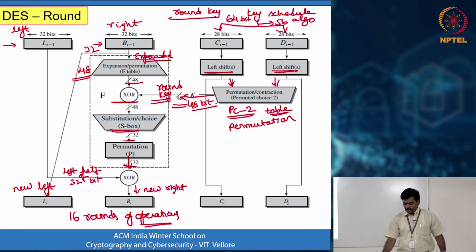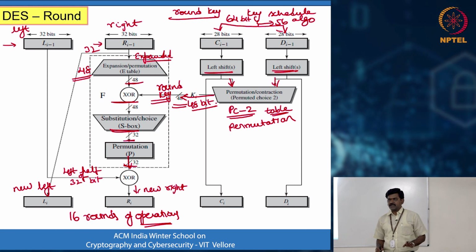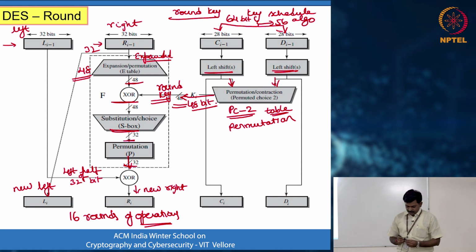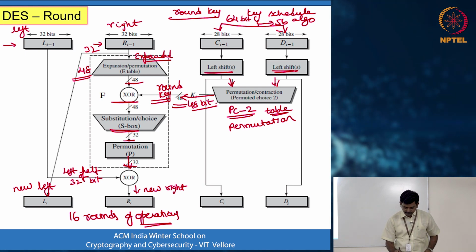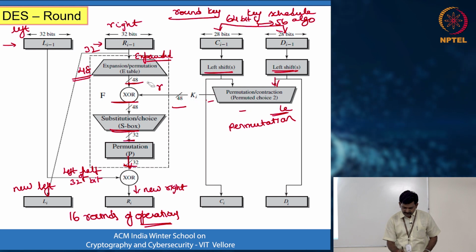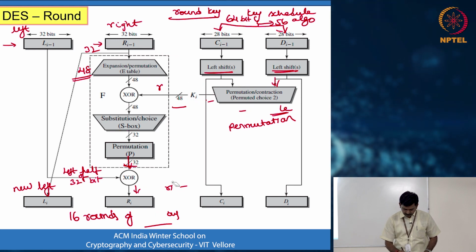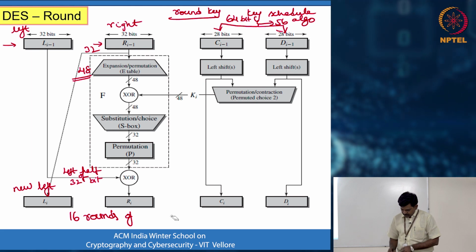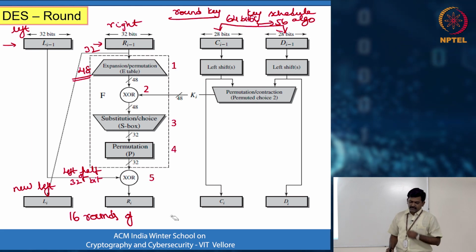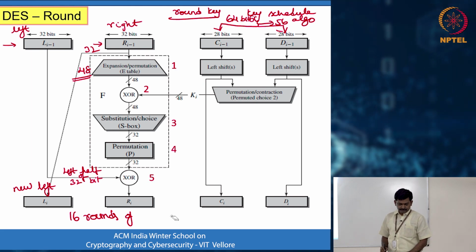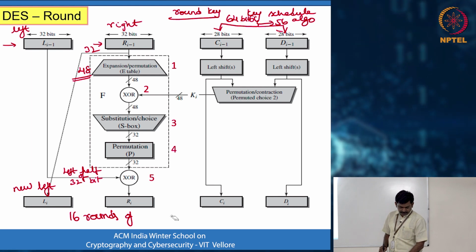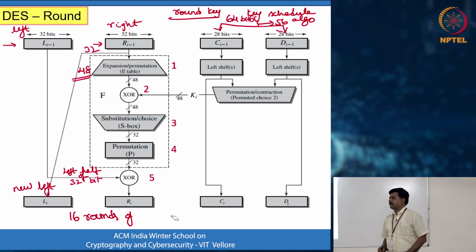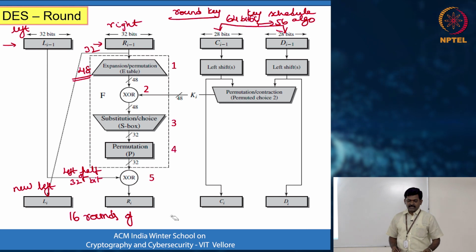Okay. So now you see there are so many steps involved. So what we do is, how do all these things happen? We actually divide the whole thing into 5 steps on the text side.